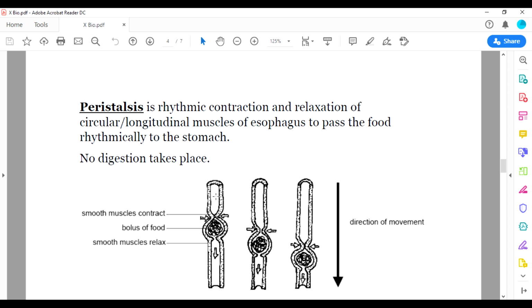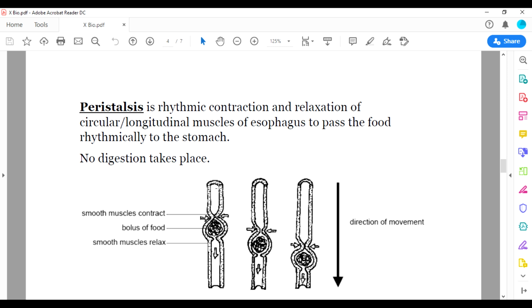Let's see in the diagram. When food enters the esophagus, the esophageal muscles contract, so food is pushed down. And when food is pushed down, these muscles relax and the lower muscles contract. Then the bolus is further pushed down. In this way, food is transferred through the esophagus.